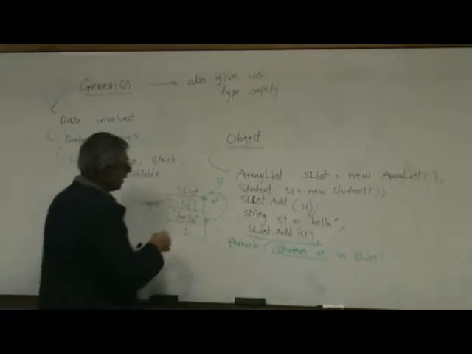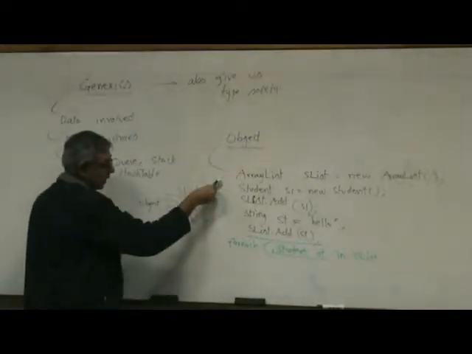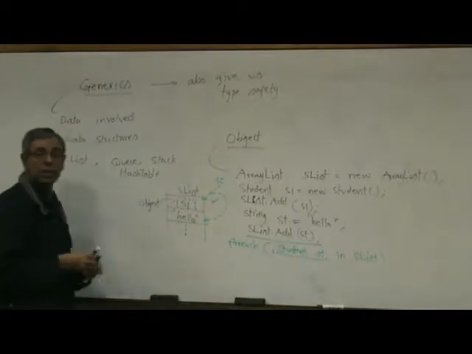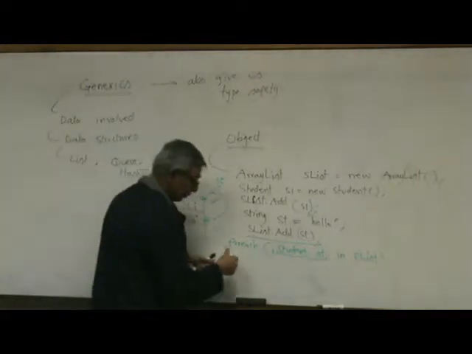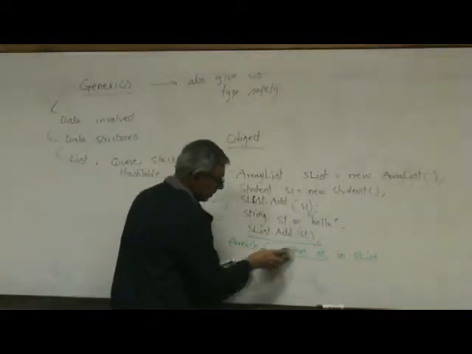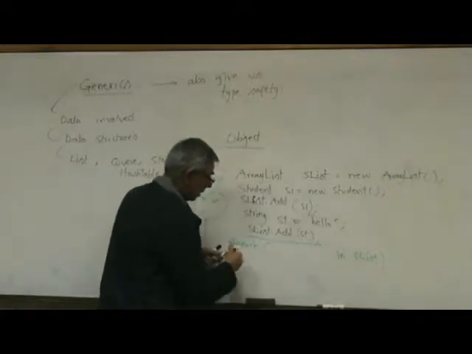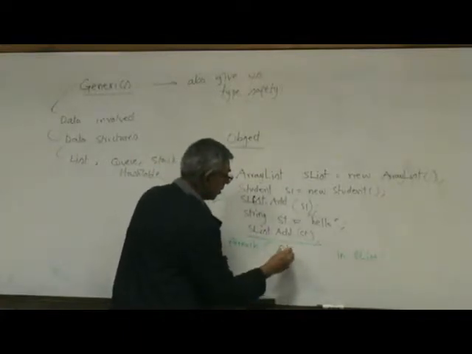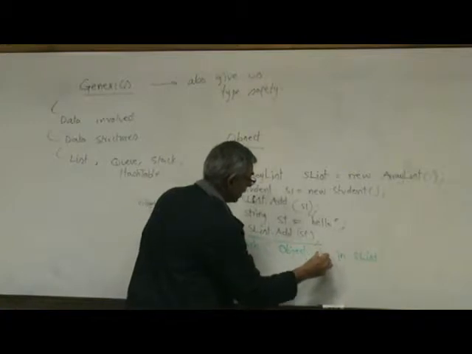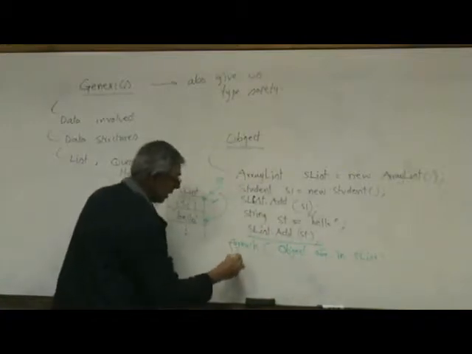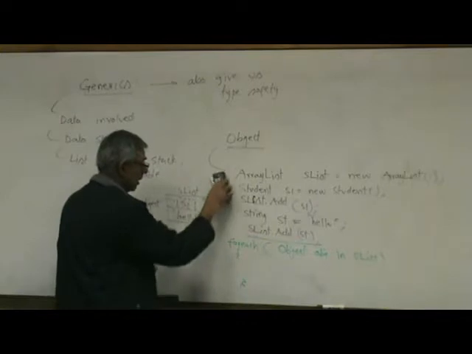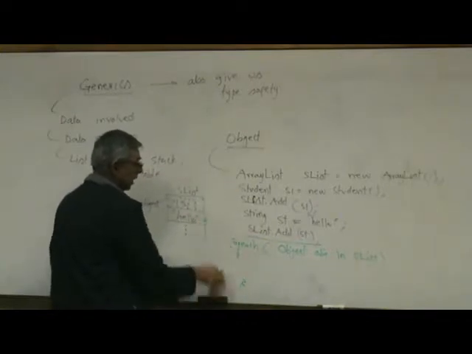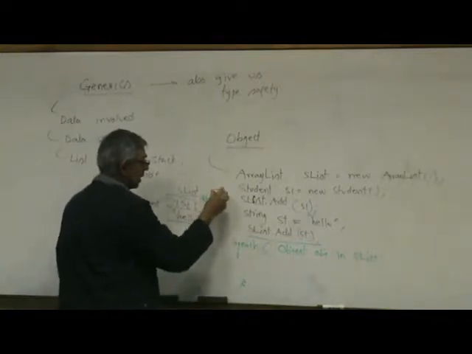So what's the type of reference that can point to a student as well as a string? Object. So we will change this to Object obj in slist, right? So can obj point over here?